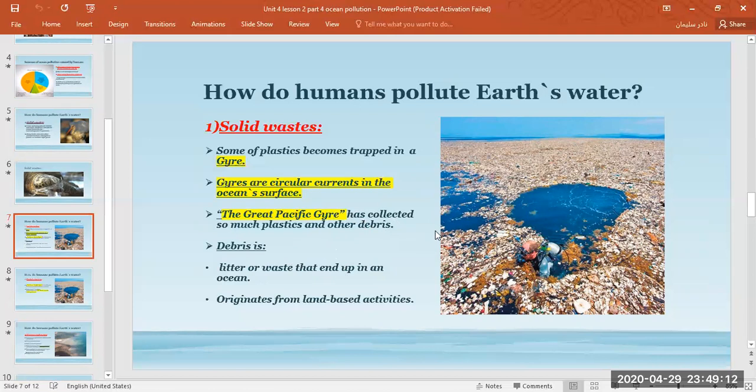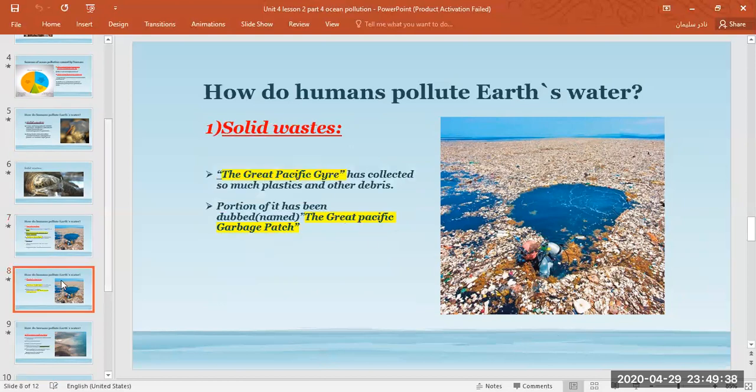So it's so harmful to the ocean. So these natural gyres or currents on the surface of the ocean, because of too much plastics and too much debris or other waste, now they are holding many solid wastes.